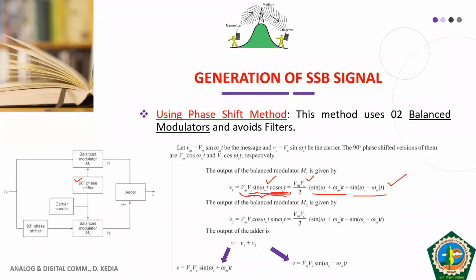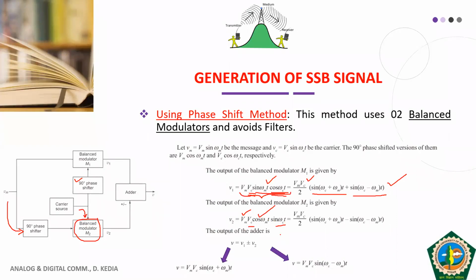Next we move to balance modulator 2. In balance modulator 2, your modulating signal is 90-degree phase shifted, meaning your modulating signal will be Vm cosine of omega mt, and your carrier is provided as it is, so the carrier is Vc sine omega ct.